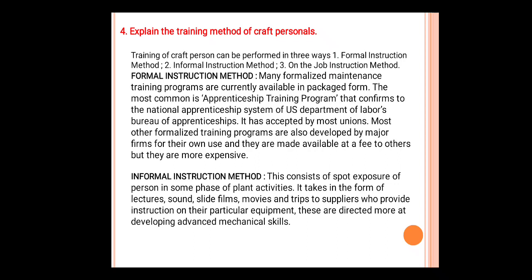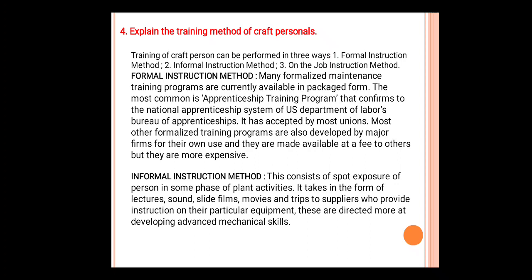First method, formal instruction method. Many formalized maintenance training programs are currently available in packaged form. The most common is the apprenticeship training program that conforms to the National Apprenticeship System of the US Department of Labor's Bureau of Apprenticeship.